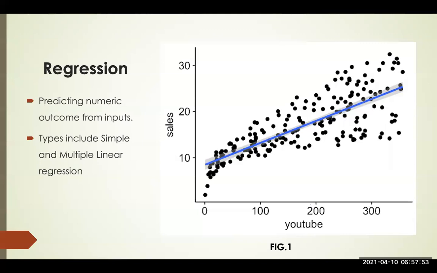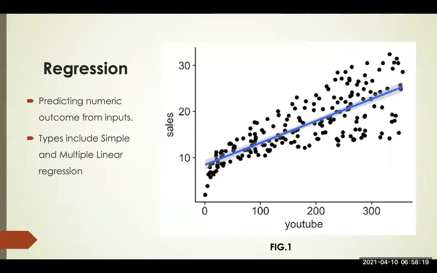Like in this case, we want to predict the sales using YouTube videos. The YouTube videos is the feature, the single variable. What we want to predict is the sales, and sales are numbers, so that's a regression problem. Are we together, please?